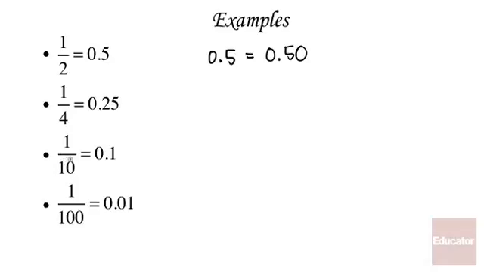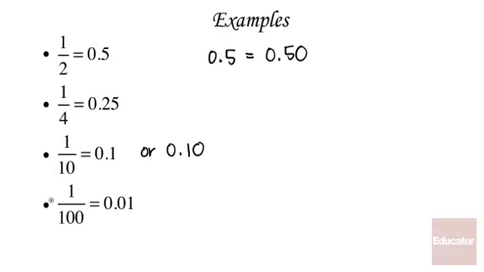Now, how about this one? What would I have if I divide the dollar up into 10 parts? I would have 1 dime. So 1/10 would be the same thing as having 1 dime, which is 0.1 or 0.10. Remember, this is the same as this.